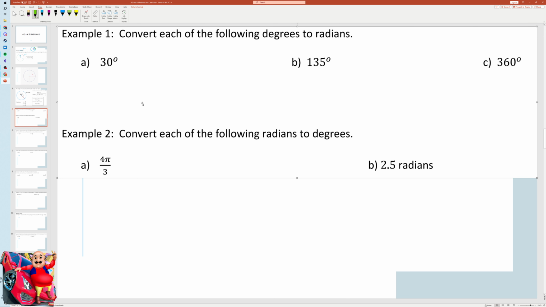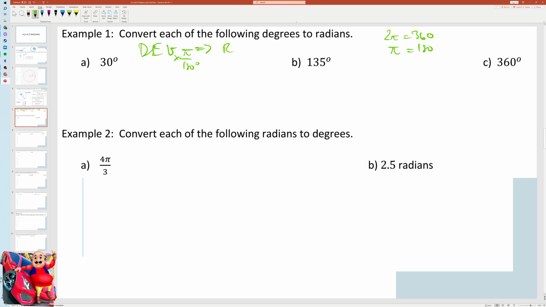Okay, so the first thing we have to do is be comfortable converting from one to the other. We saw earlier that 2 pi radians was equal to 360. That's the conversion rate. So a single pi is equal to 180. To determine how many pi radians we are given here, we'll take our degree value, and if we want to get it into radians, we multiply by pi and divide by 180 degrees, the conversion factor.